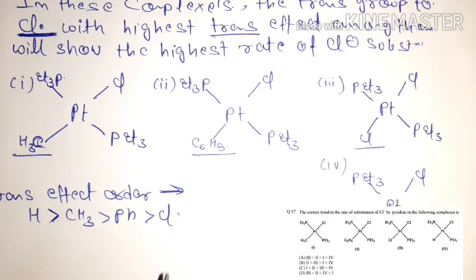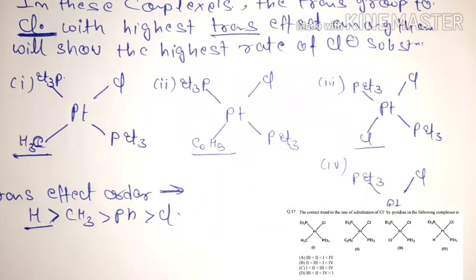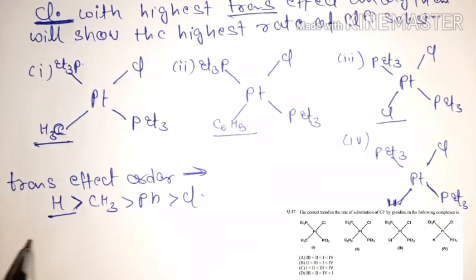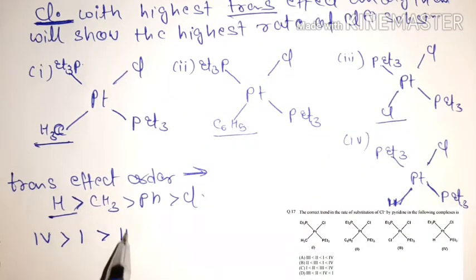So here highest rate of chlorine substitution is given by this complex in which the hydrogen is trans to chlorine, because it will be highest trans effect order, and after that CH3, then C6H5, then last one is chlorine. So your rate of chlorine substitution by pyridine among these complexes will be given by the order fourth is greater than first is greater than second is greater than third.